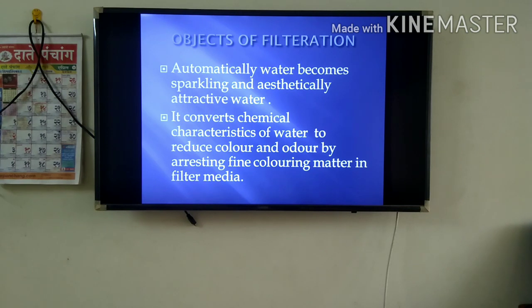After removal of this bacterial load, our water automatically looks very sparkling and aesthetically attractive. It also changes the chemical characteristics of water, reducing color and odor by arresting fine coloring matter in the filter media.